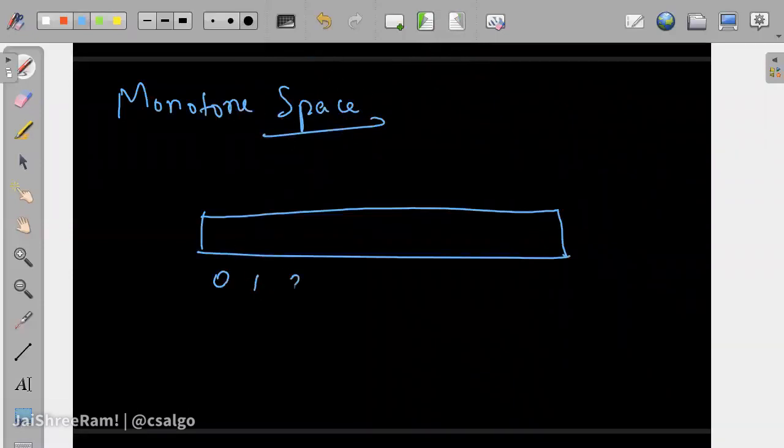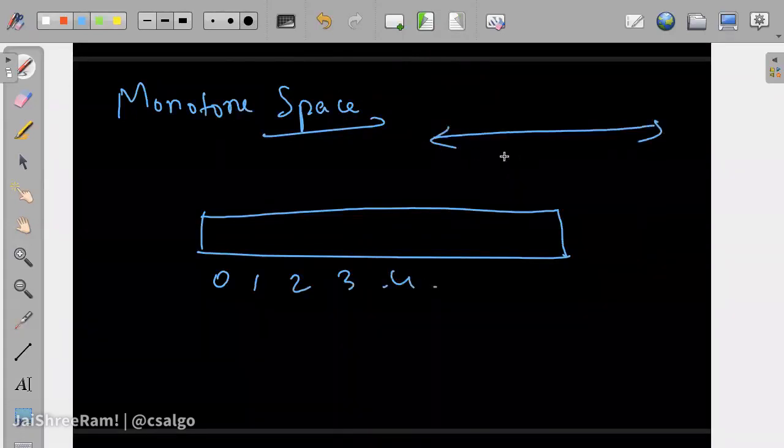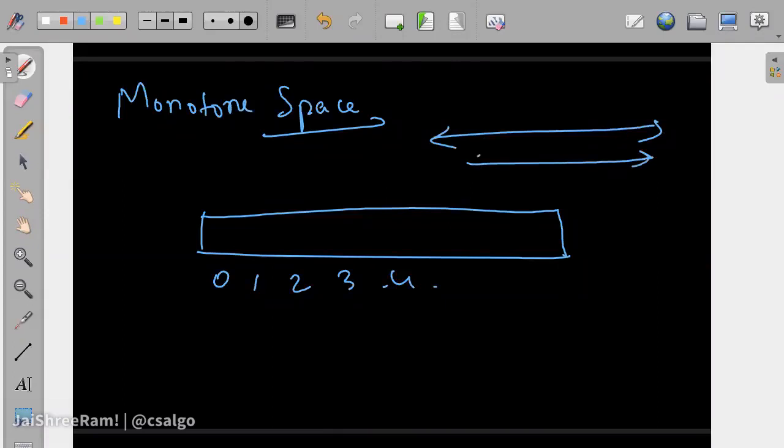Let's say you are searching on the number line, so the space is the real number line. Whenever you have an L to R, the thing that you are searching on is called the space. That's just a definition. The space is what values you are searching over in the binary search.